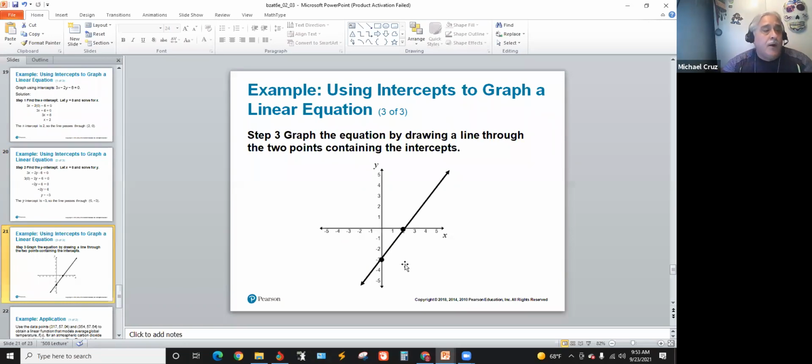You could put in any x value and come out with a y that gives you a coordinate that's on the line. That's always a good check because you can draw a line through any 2 points. So if you make a mistake on one of them, it can be an issue.